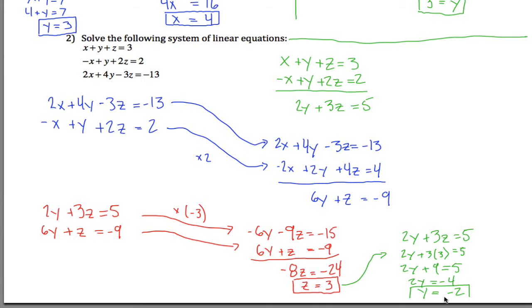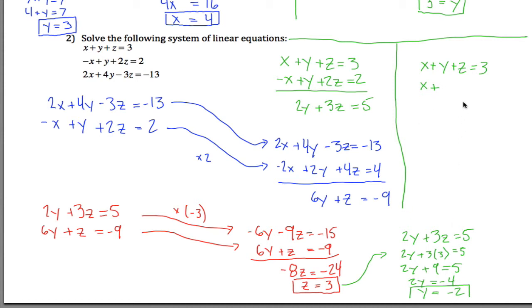Now that I know z is 3 and y is -2, I can plug both those into an equation that has x's, y's, and z's in it. It's your choice. You can use any equation that has x's, y's, and z's in it. I'm going to take this one up here. This looks pretty easy. X plus y plus z is equal to 3.